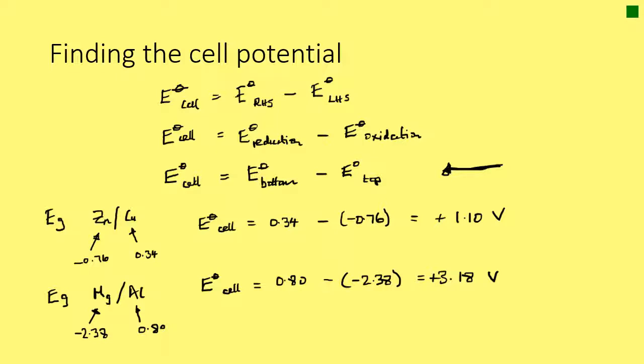So the electrode potential of that cell, according to this version of the equation, would be the electrode potential of the bottom reaction, 0.34, minus the one on top. And as we've worked out before, that comes out at plus 1.10 volts.